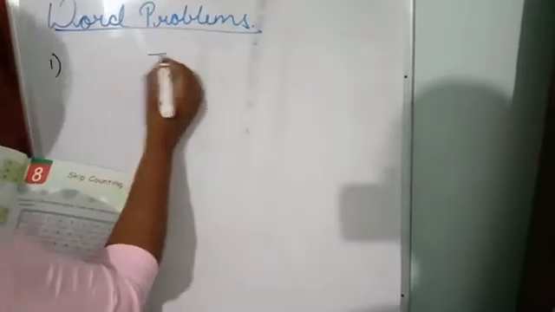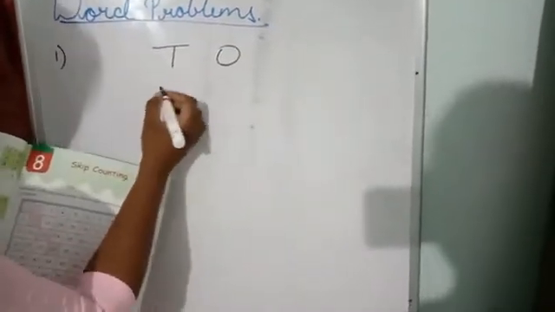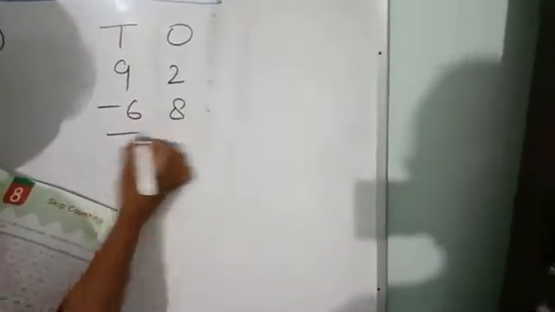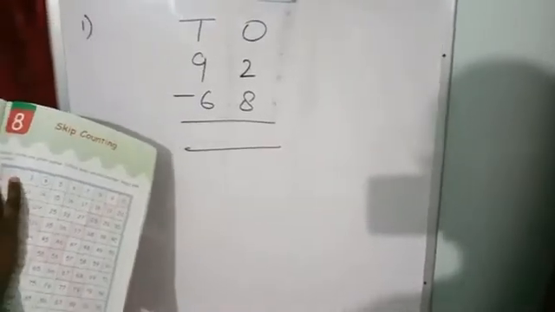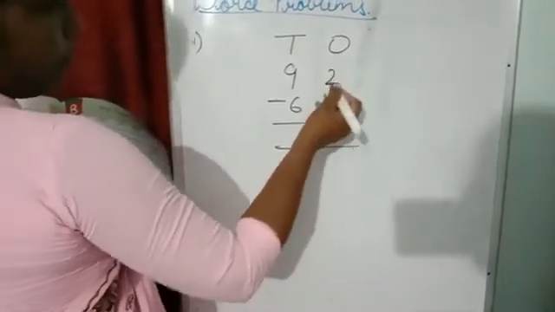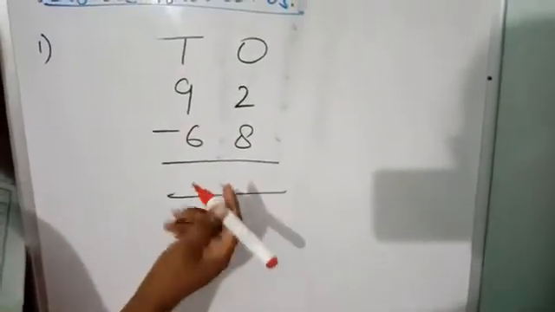See, Manisha has a book of 92 pages and she has read 68. Now what will we do? We will subtract 68 from 92. So subtract 8 from 2. Is it possible? No, because 2 is smaller than 8.